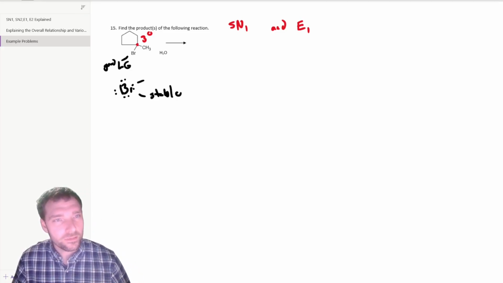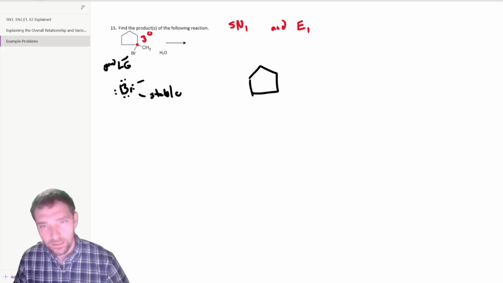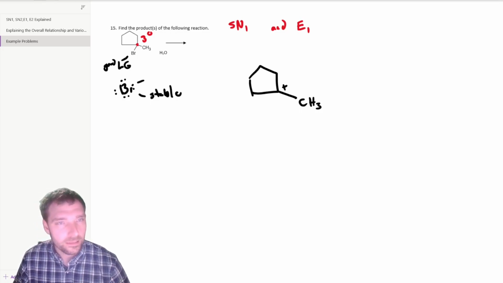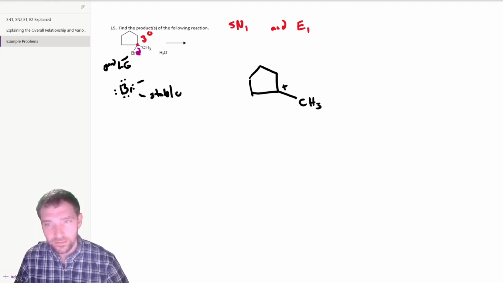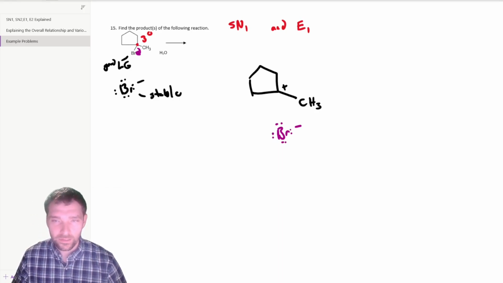So if we look at this molecule, at first it's going to have the CH3 and a plus as the bromine has left. I've got that Br minus, it's nice and stable in solution, and you've got this plus. And now that could go one of two ways.